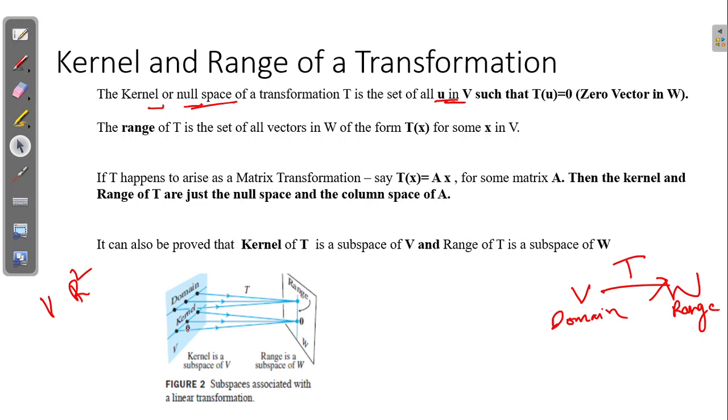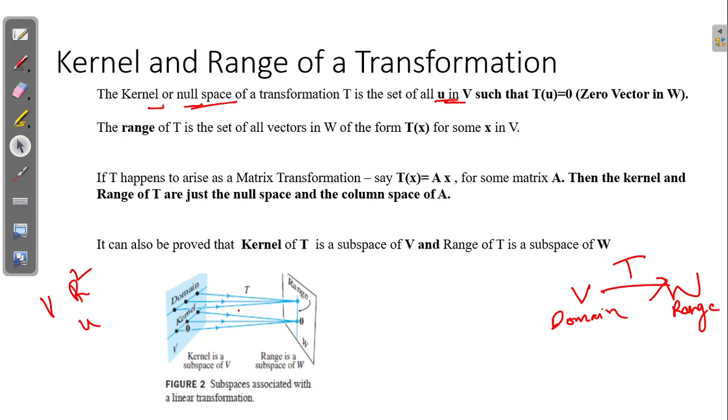Now I'm taking some arbitrary vectors u in V. That means u is again an ordered pair, so u is points like this, and it also includes the 0 vector.